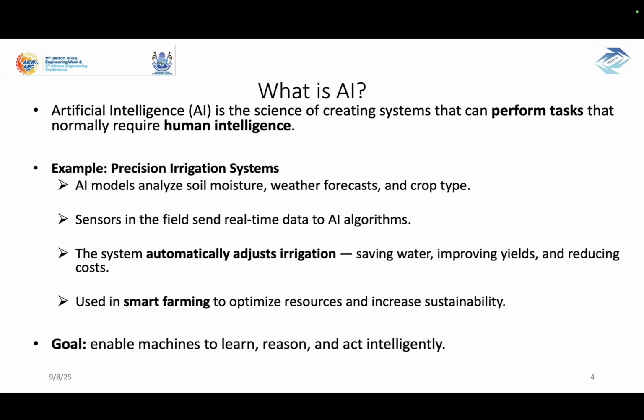Example, a precision irrigation system. AI models analyze soil moisture, weather forecast, and crop type. Sensors in the field can send real-time data to the algorithm, and the system automatically adjusts irrigation. AI will measure soil moisture and the weather forecast, whether it's going to rain or not, because it's already been predicted.